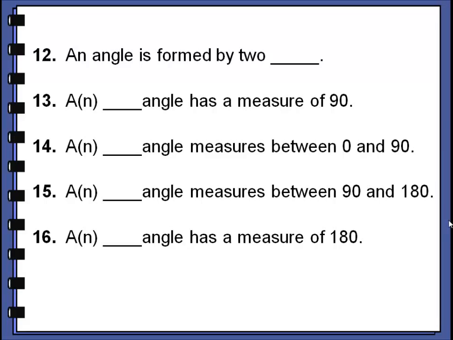Okay, and from 12 to 16, you're going to record the vocabulary word that finishes each sentence. Number 12, an angle is formed by two blank. From 13 to 16, you're naming the type of angle that has that measure. So for 13, a blank angle has a measure of 90 degrees.